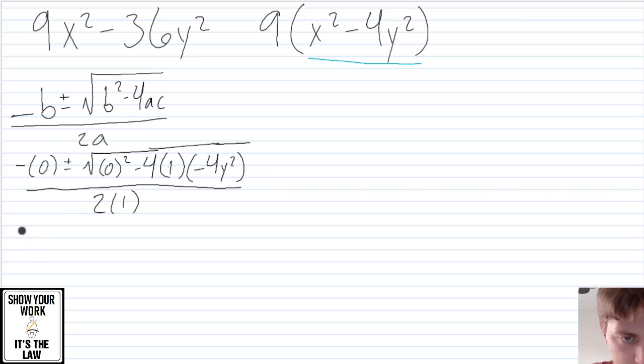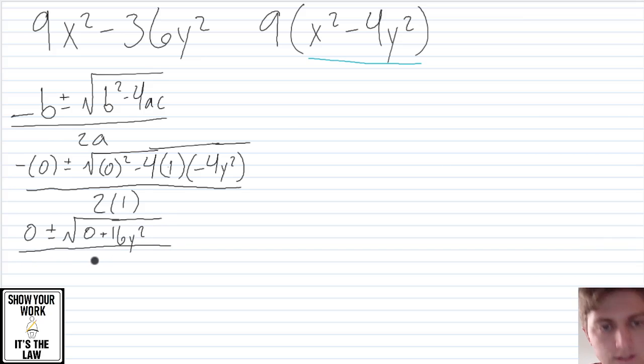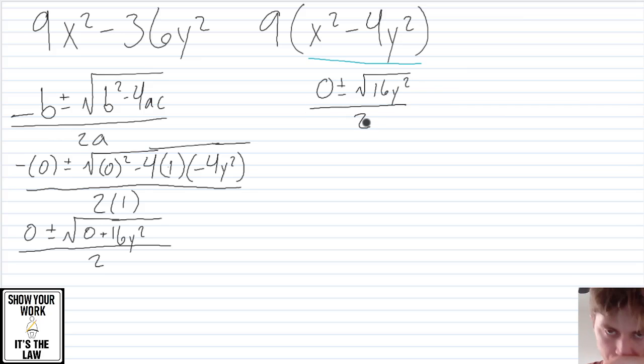All right, simplify everything. That's a 0 plus or minus the square root of 0. Negative 4 times negative 4y squared is going to give us 16y squared over 2. Keep simplifying. 0 plus or minus 16y squared over 2.